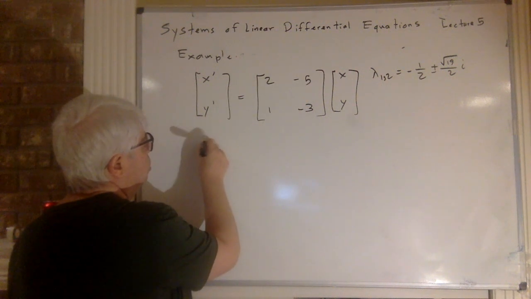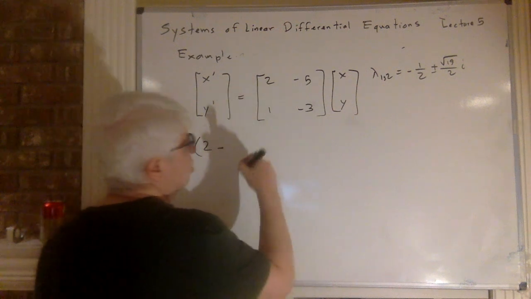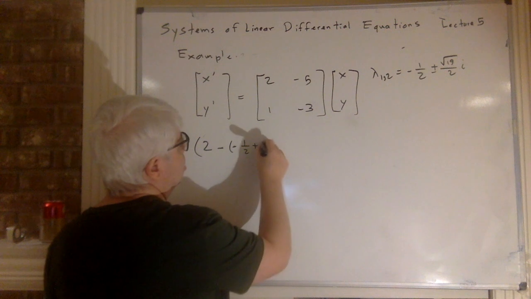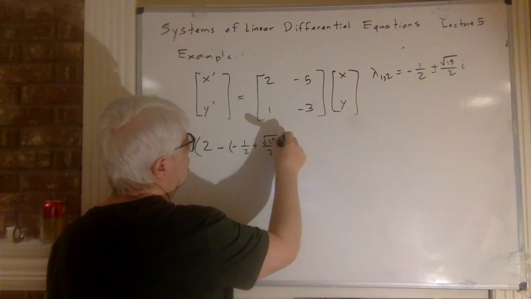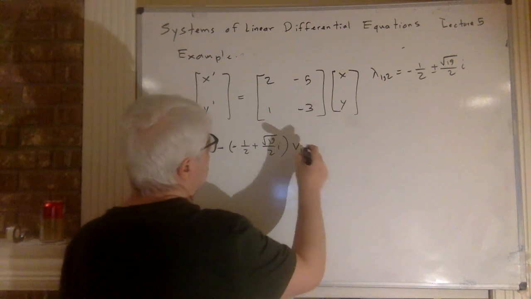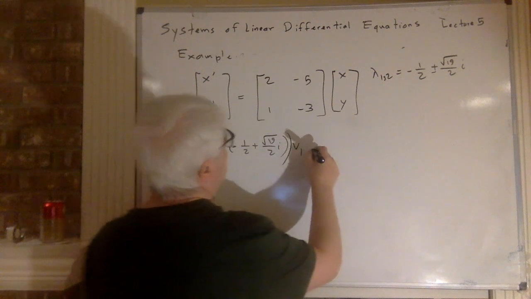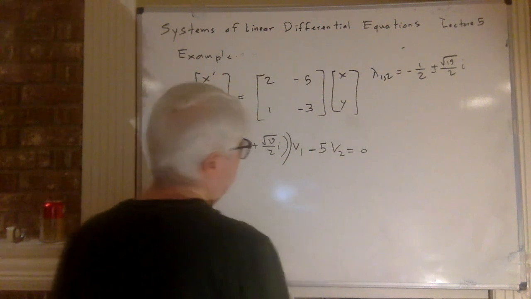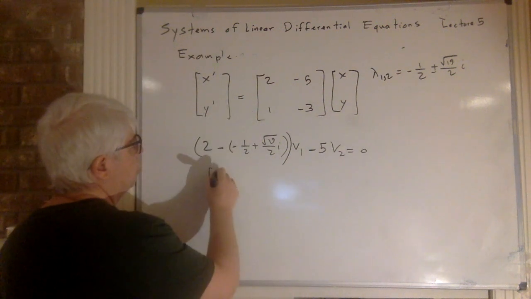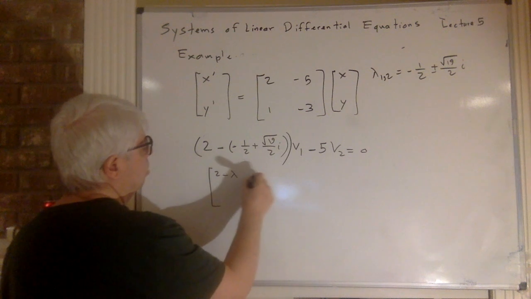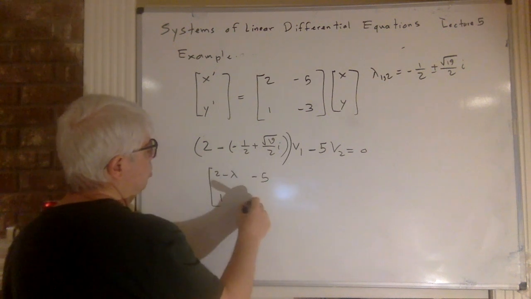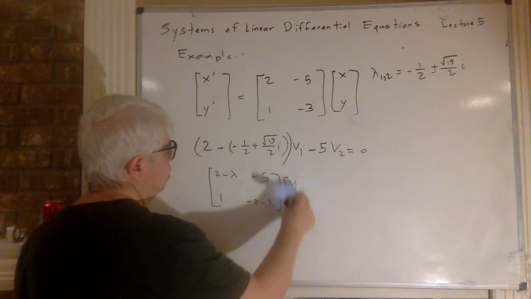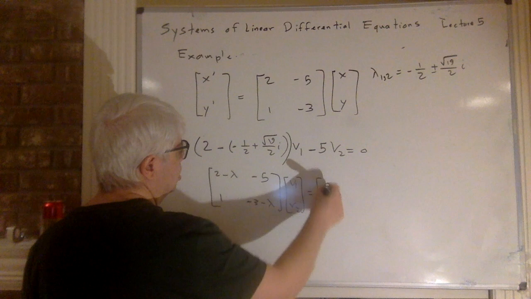Let's take the positive one: minus 1/2 plus square root of 19 over 2i times v1 minus 5 v2 is 0. Remember what I'm solving is this: 2 minus lambda, minus 5, 1, minus 3 minus lambda, times v1, v2 is 0, right?